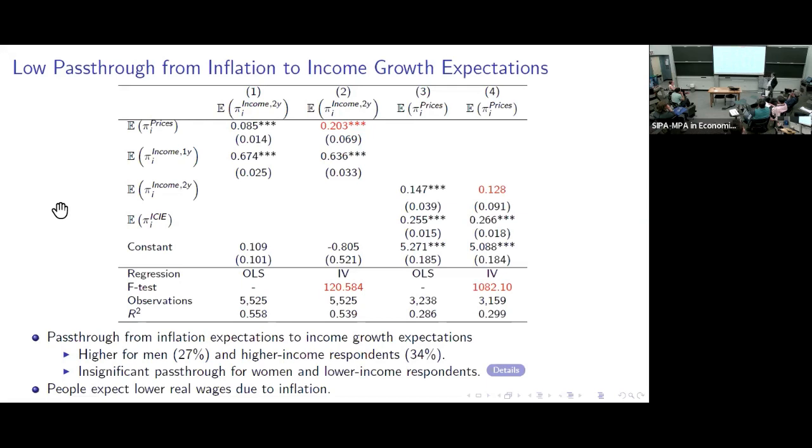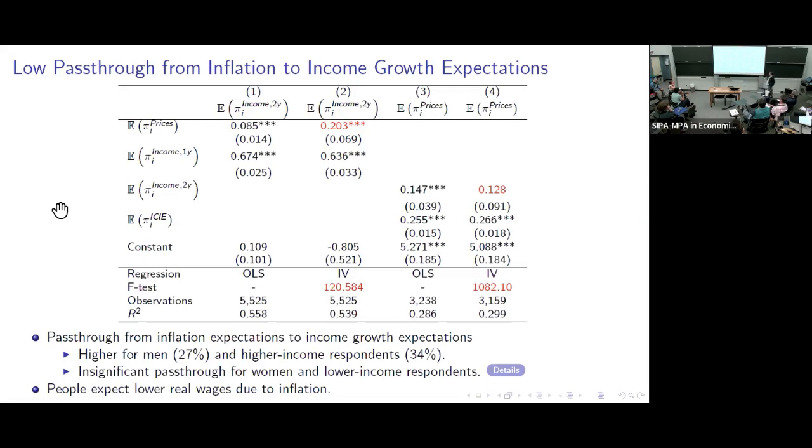Then we're going to essentially repeat the same exercise, but we can start discriminating by demographic characteristics. We're going to find that this pass-through is slightly higher for men at about 27%. It's quite a bit higher for higher income respondents at about 34%, but the pass-through remains quite insignificant for women and lower income respondents.